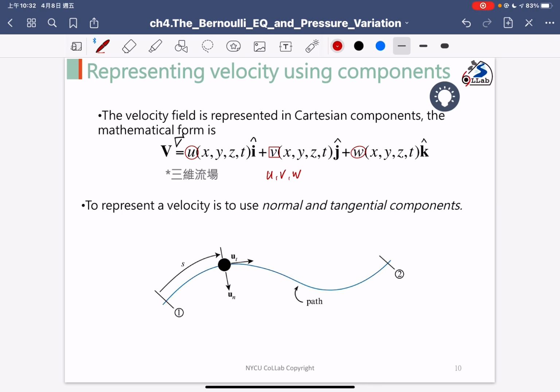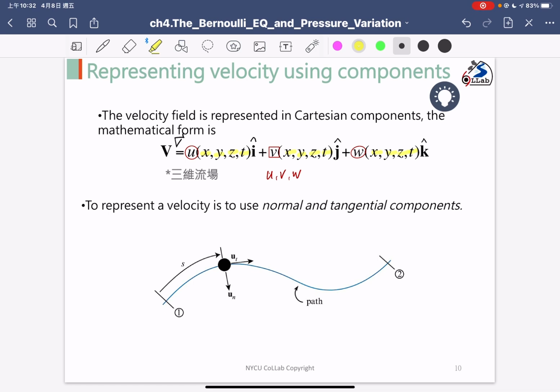And each velocity component is a function of x, y, z, and t. That means at a different location and a different time point, we will have a different velocity magnitude.